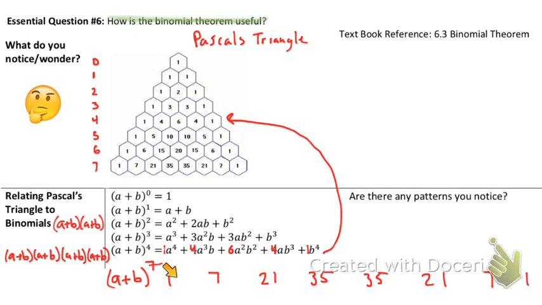So if we did that for 7, instead of a to the fourth, we would get a to the 7th, then a to the 6th, a to the 5th, a to the 4th, a to the 3rd, a to the 2nd, a to the 1st, and last but not least, this guy would not have an a.